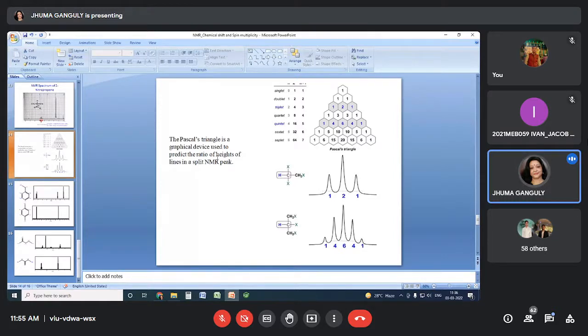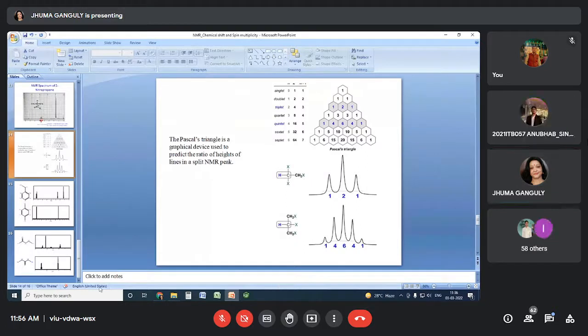What is the role of Pascal's triangle in NMR? You can include first what spin multiplicity is, then write down whatever is here. I wrote down everything, so just a few words you can add.